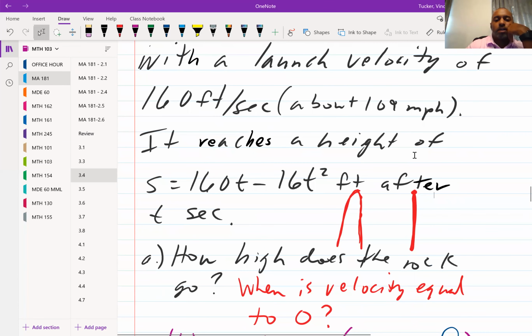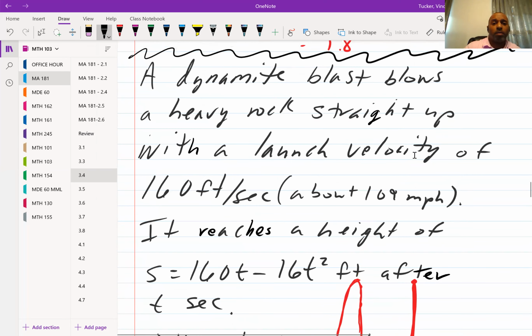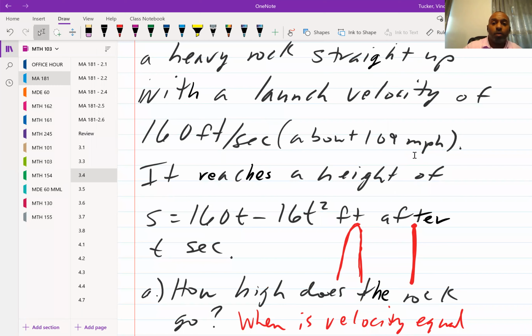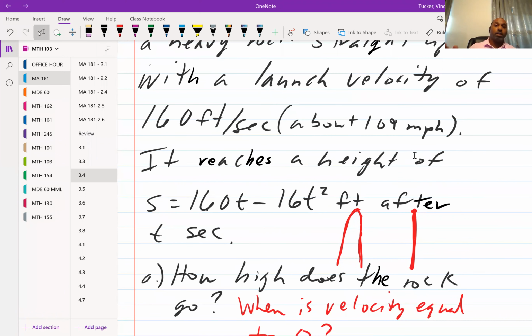So the first question is, how high does the rock go? If we're talking about what's actually going on here, go back to the problem. It says the dynamite blast blows a heavy rock straight up with a launch velocity of 160 feet per second. So the rock is going straight up into the air. It started down on the ground, but then it goes straight up.